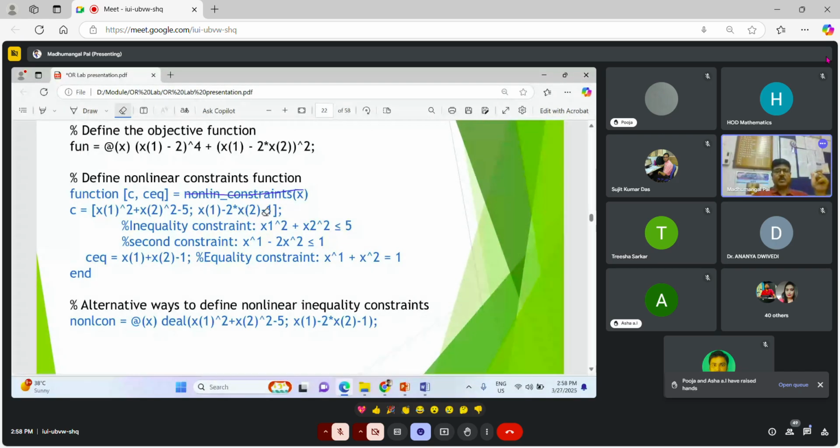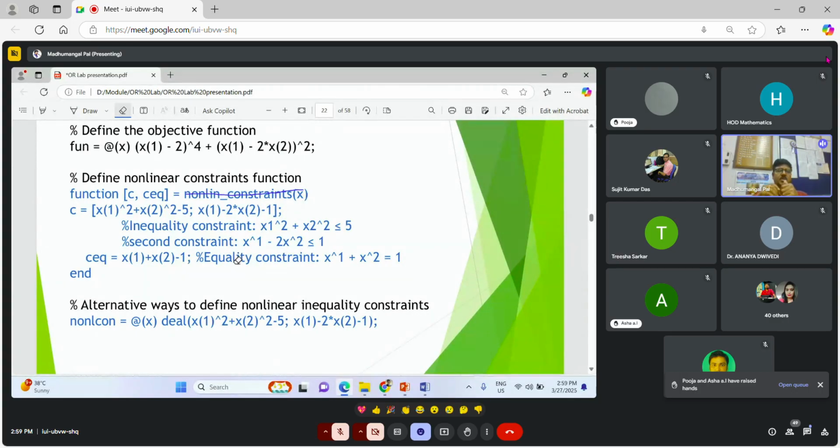So these two constraints are written within the vector C, and they are separated by semicolon. And the equality constraint, that one is denoted by CEQ, denoted by x1 plus x2 minus 1. That one is the third constraint, the equality constraint. If there are more than one equality constraint, then we also use in a square bracket the first constraint, semicolon, second constraint, and the closing third bracket.